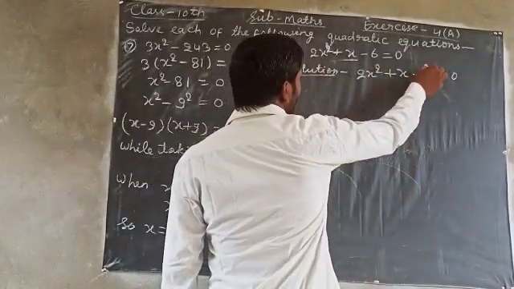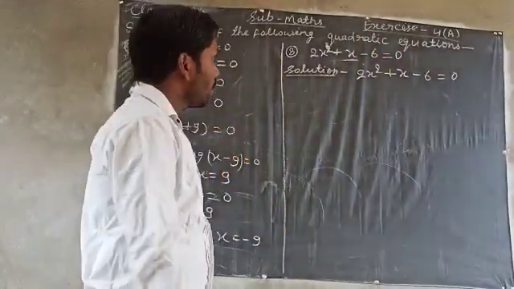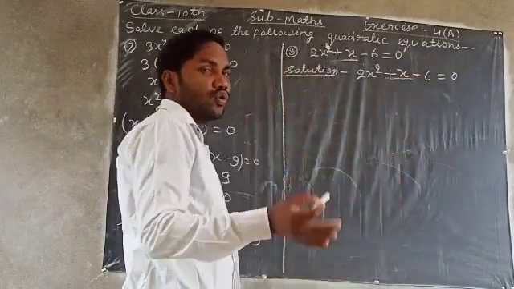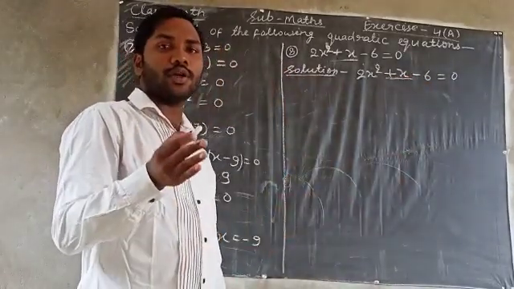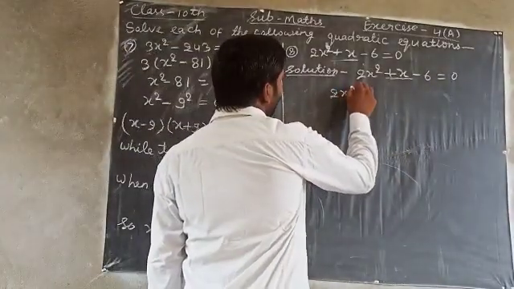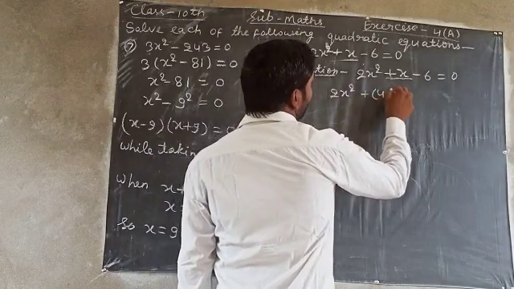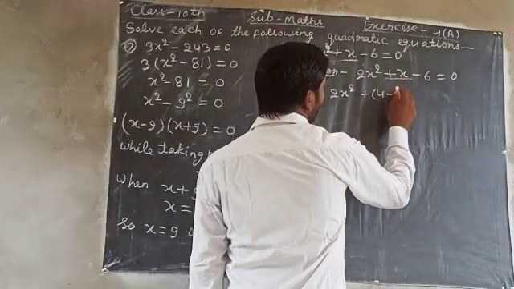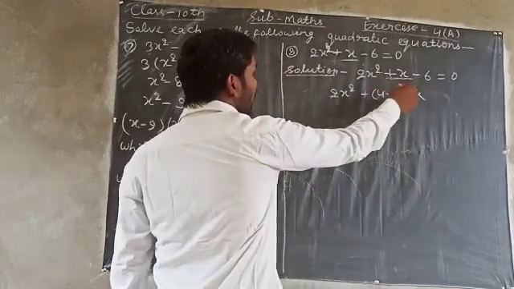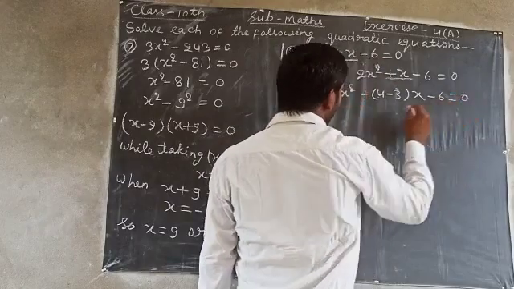As you can see, 6 into 2 will be equal to 12. So split this part into two parts such that the product should be 12. So it will be 2x square plus, you can write 1 as 4 minus 3, so 4x minus 3x, because 4 times 3 is 12 and 4 minus 3 is 1, minus 6 is equal to 0.